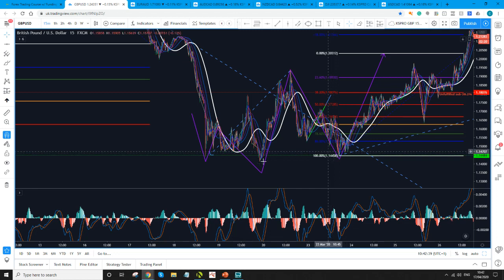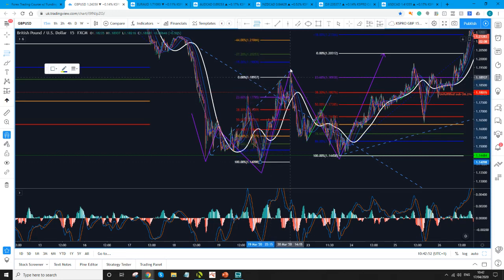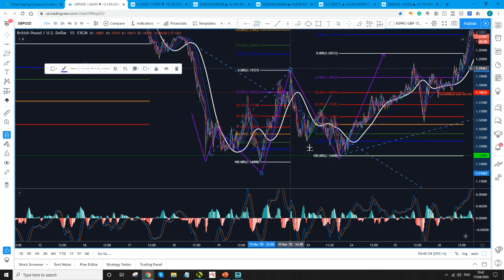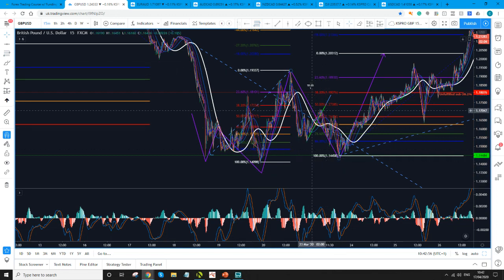Just like I was saying to you before, our new fibs are in here. New sub A to new sub B. Then we have our pullback, and in here, this is my buy zone.